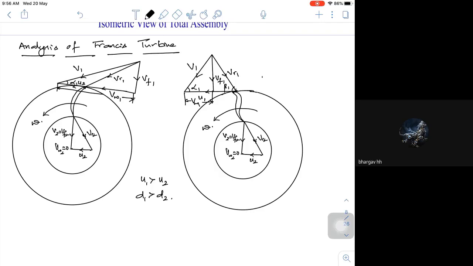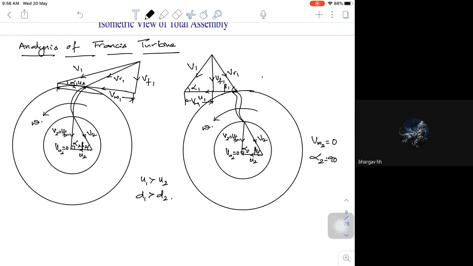Most of this particular turbine, what we have is the flow is exactly axial. That means at the exit, my VW2 will be 0, or my alpha 2 will be equal to 90 degrees. This is what we see, alpha 2 and beta 2.